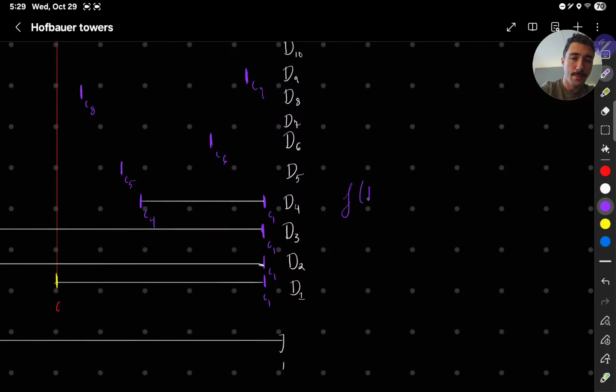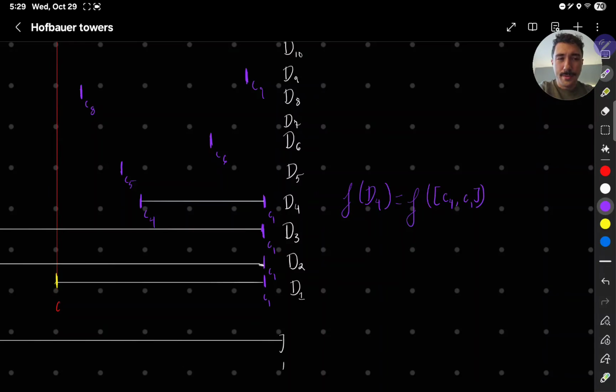So F of D4. So that's F of the closed interval from C4 to C1.